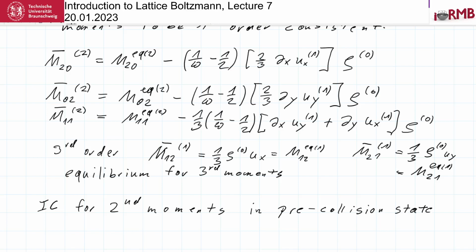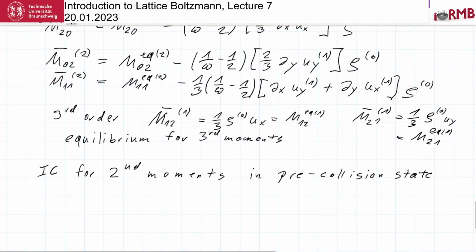And then these cases that I specified here would look like this. And I now don't write the order because I'm now writing what we have to specify here. So we set the M20 to its equilibrium part, minus 1 over omega.